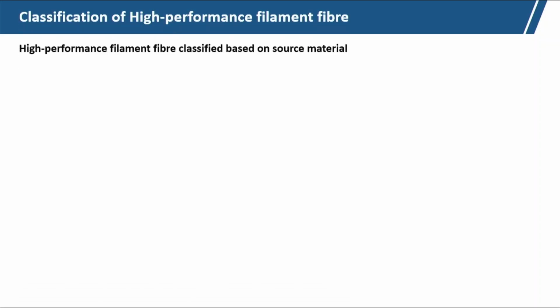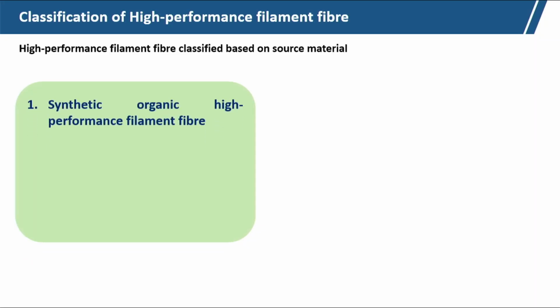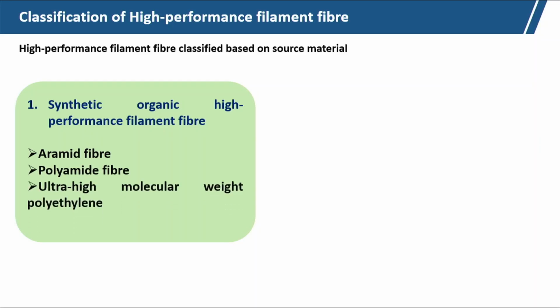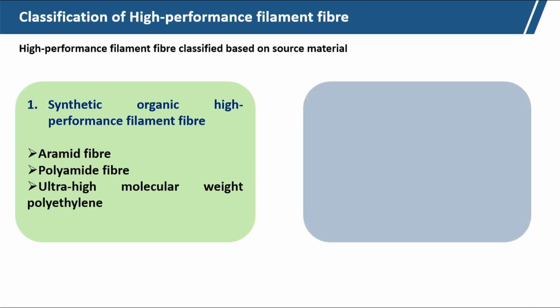So, the high performance filament fibers are classified based on source material. What are the source materials? Synthetic organic high performance filament. This is one classification where aramid fibers, polyamide fibers, and ultra high molecular weight polyethylene fibers are there.